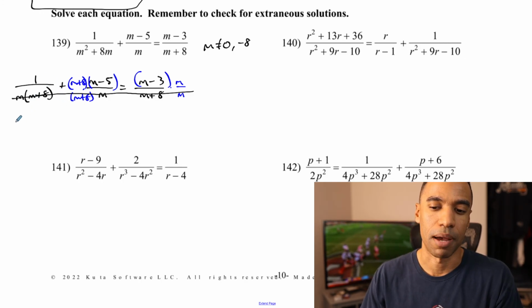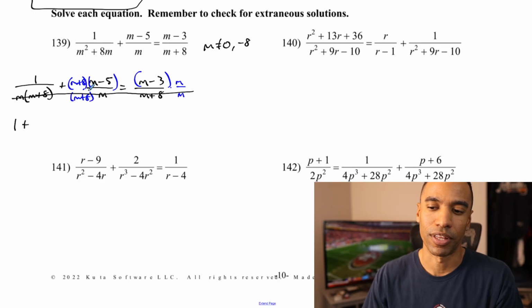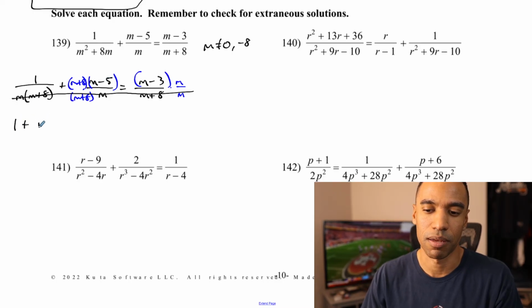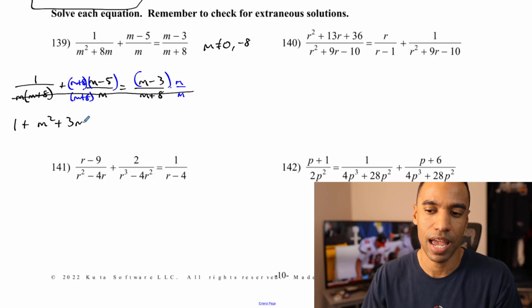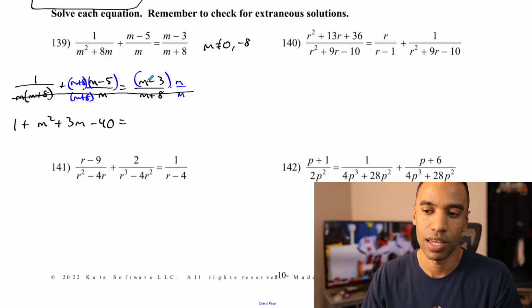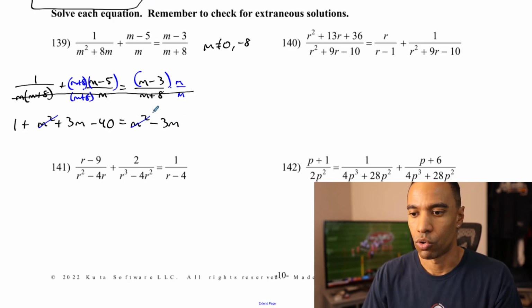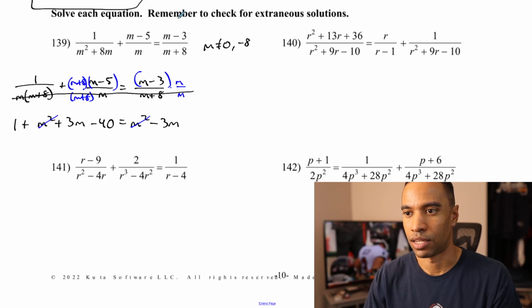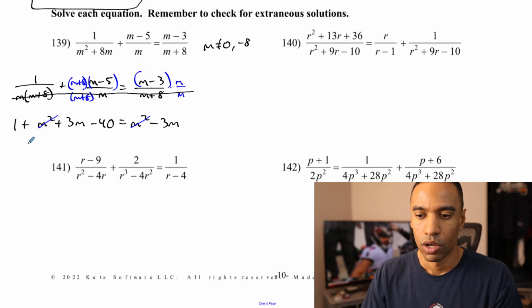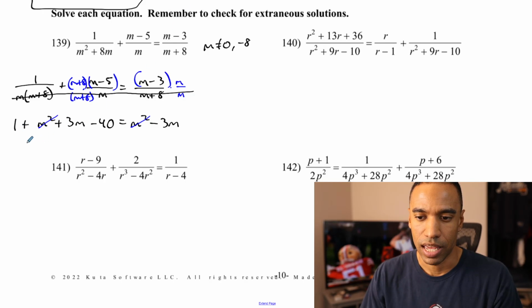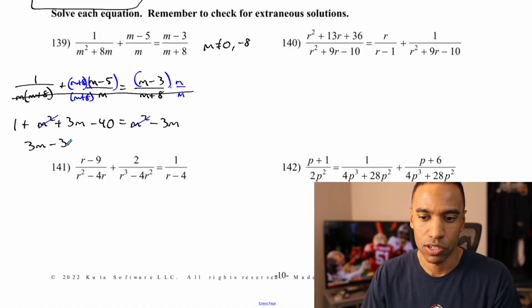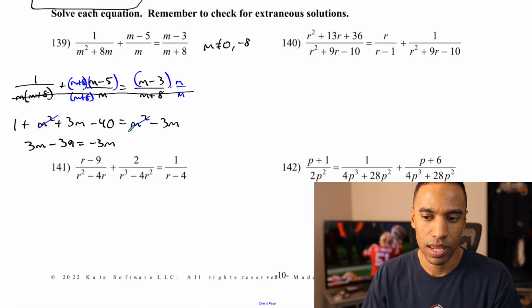All right, so what's on top? 1 plus foiling. M squared minus 5m plus 8m is m squared plus 3m minus 40 equals, and this is m squared minus 3m. Now the m squareds can subtract and go away. Let's keep working this out. 1 minus 40 is negative 39, so 3m minus 39 equals negative 3m.